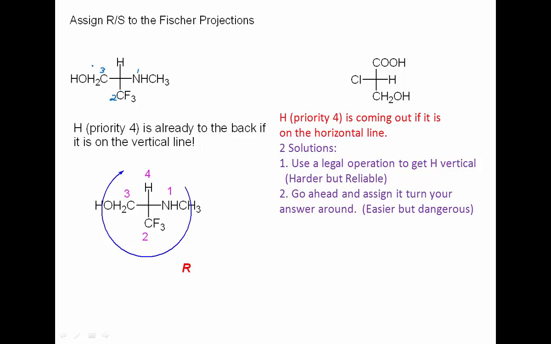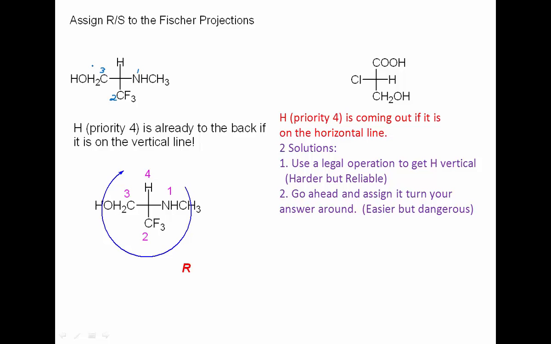The other is to go ahead and assign it, and then remember that the answer you get is going to be 100% wrong because hydrogen's not where it should be. But as long as you remember that you're wrong, you'll be okay. I recommend in the early stages that you not consider the second one. Again, if you feel confident, go ahead.